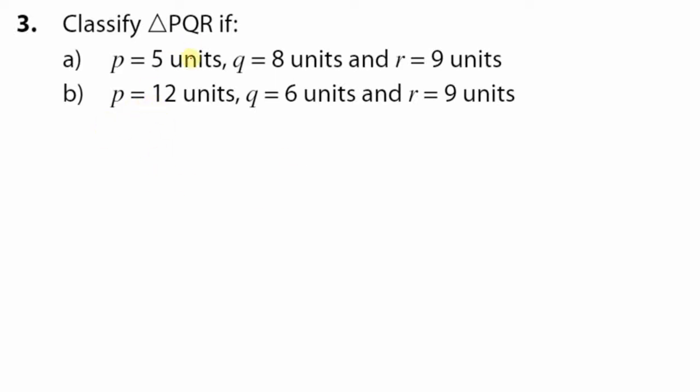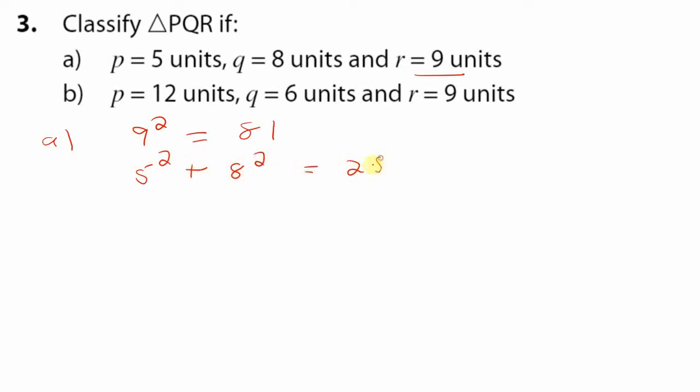Okay, so now let's focus on number 3. We have to classify triangle PQR if P is 5, Q is 8, and R is 9. So what's the longest side? 9. We have to compare the longest side squared to the sum of the squares of the two shorter sides.